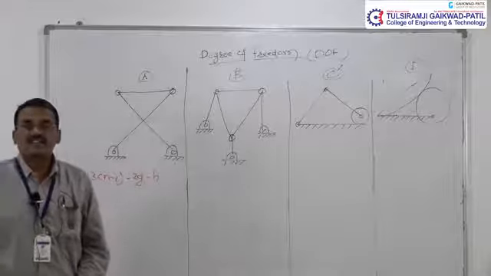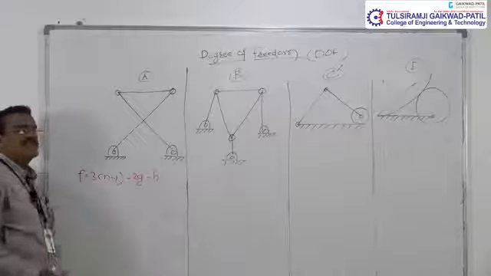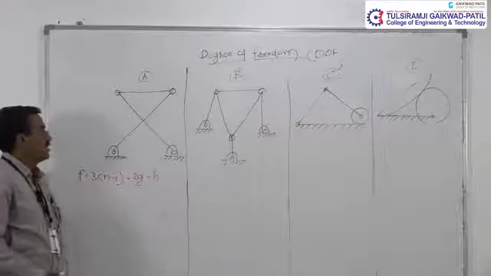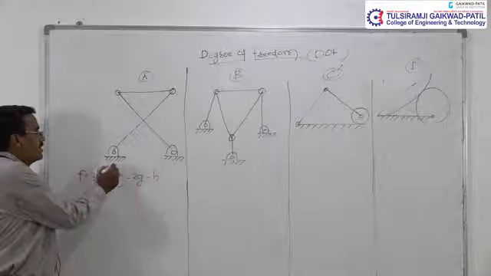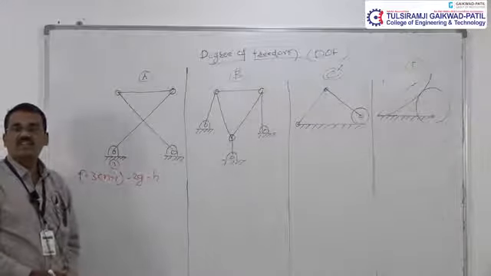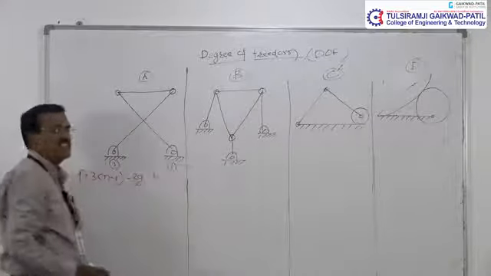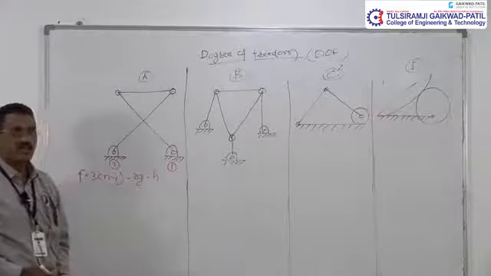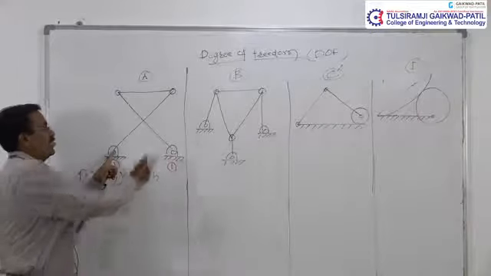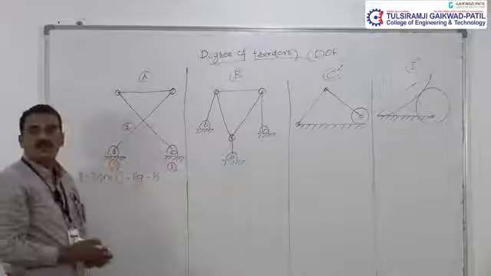Let us see the first numerical A. This is a simple numerical in which these are the fixed links. The fixed link is always link number 1. This is also a fixed link, so we can call this also link number 1. Now the link from this point to this point is link number 2.